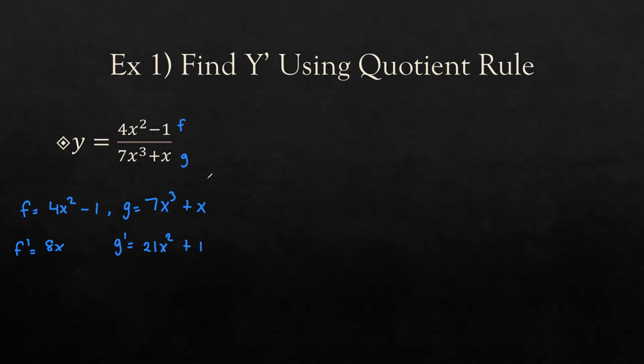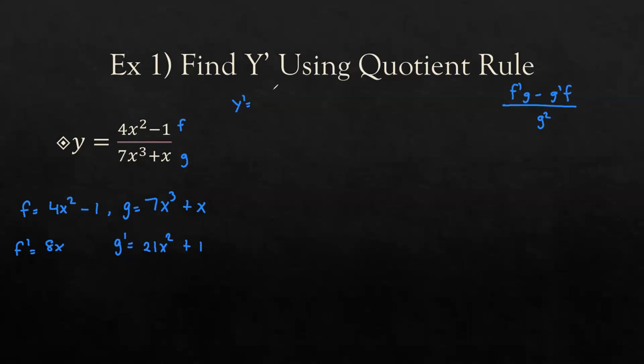Let's find y prime. If we recall, the quotient rule is f prime times g minus g prime times f, all over g squared.